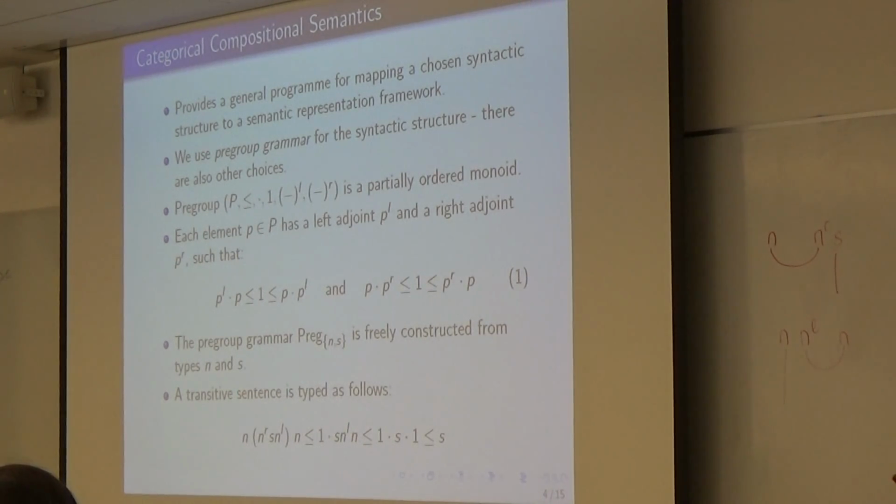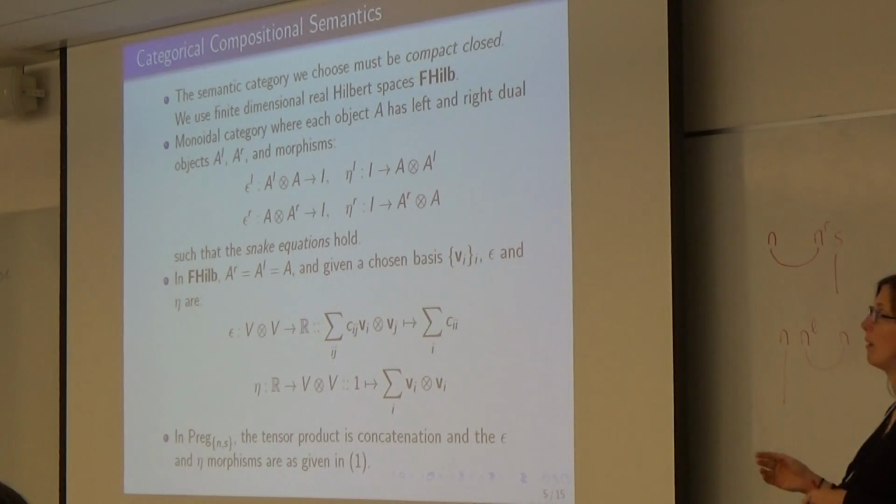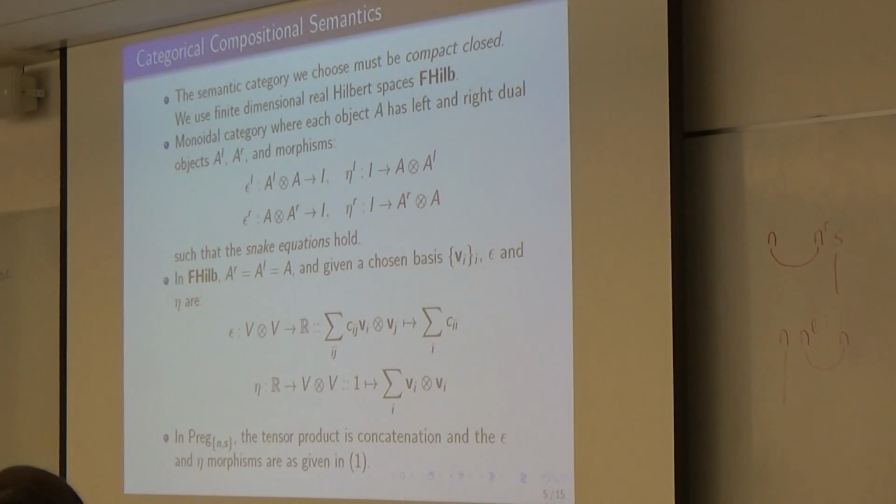So we've got this grammatical type, this grammatical category. We need to map it across to some sort of semantic representation. The semantic category we use needs to be compact closed, which I'll go into in a minute, and we use finite dimensional real Hilbert spaces.